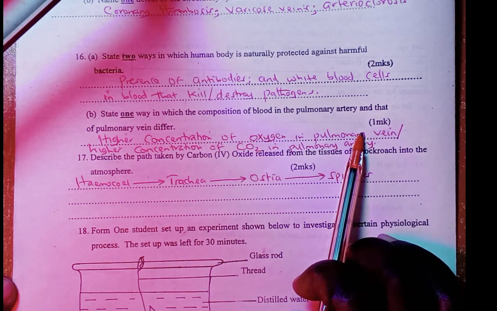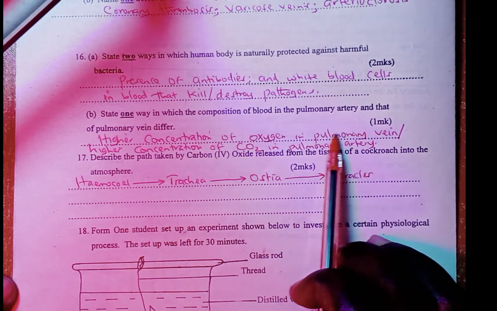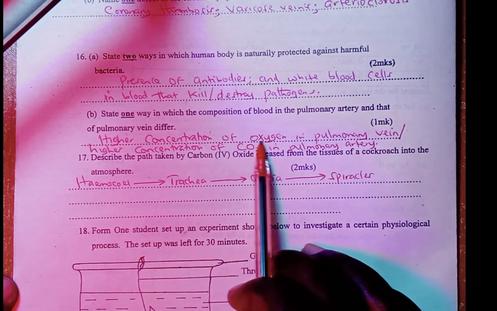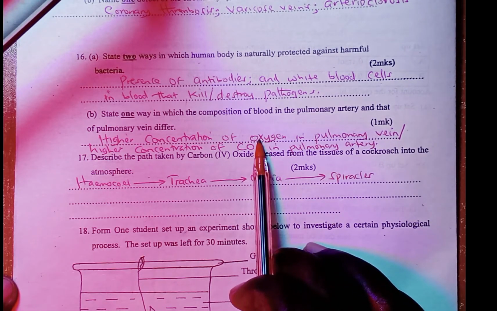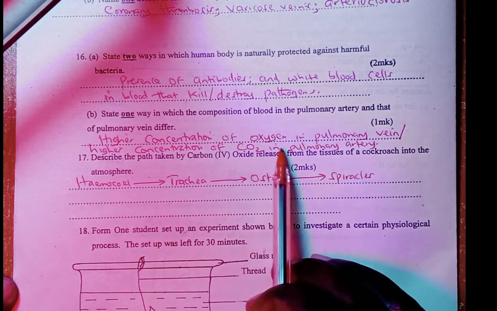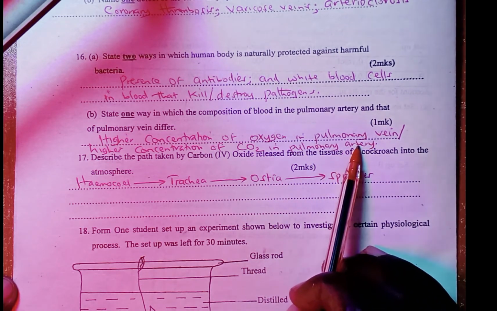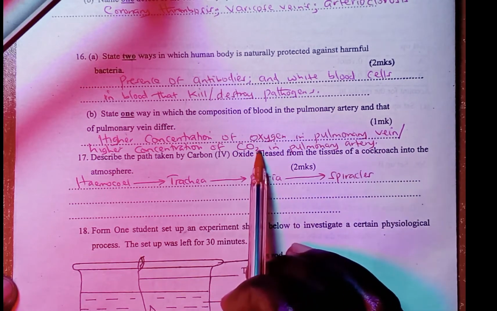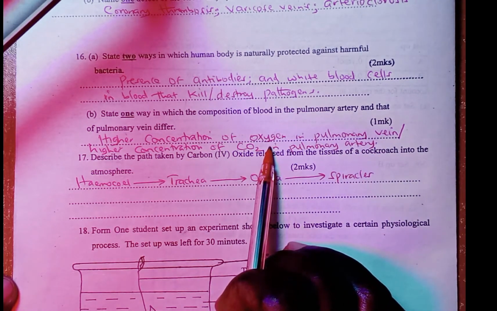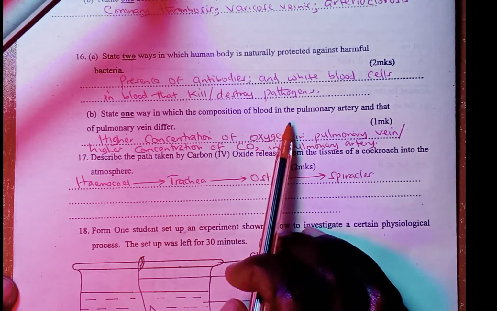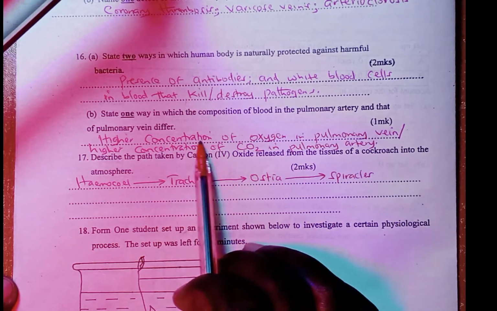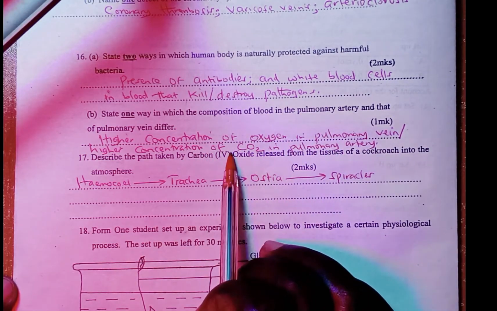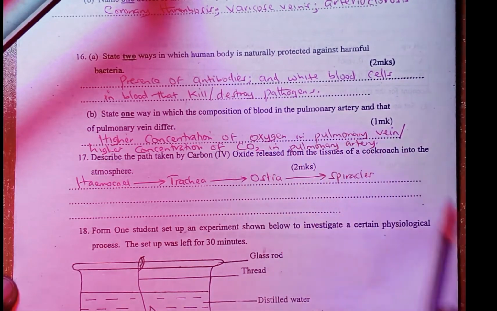Remember, all veins carry deoxygenated blood except pulmonary vein, which carries oxygenated blood, or blood that has a high concentration of oxygen, whereas pulmonary artery carries deoxygenated blood. In this case, the major component in this blood is carbon dioxide. So in other words, the difference is that we have a higher concentration of oxygen in pulmonary vein and a higher concentration of carbon dioxide in pulmonary artery.